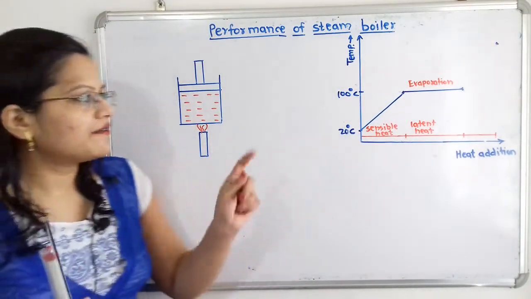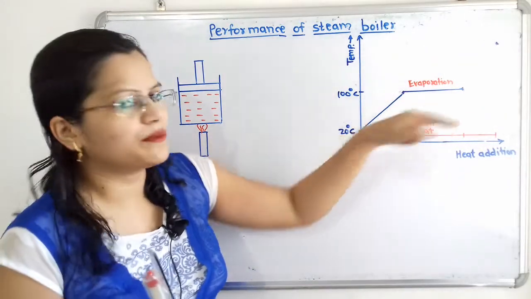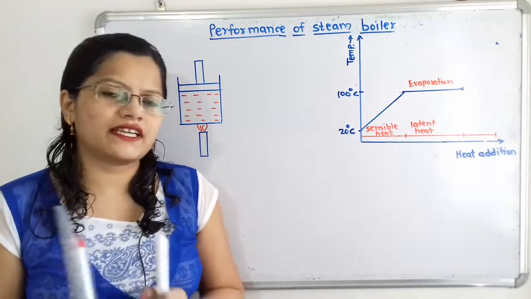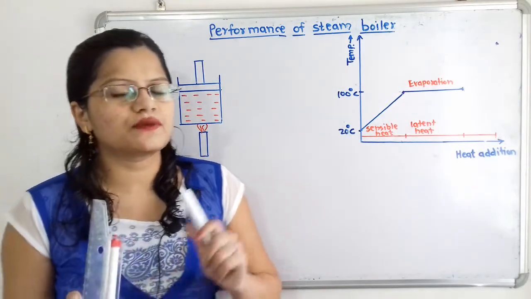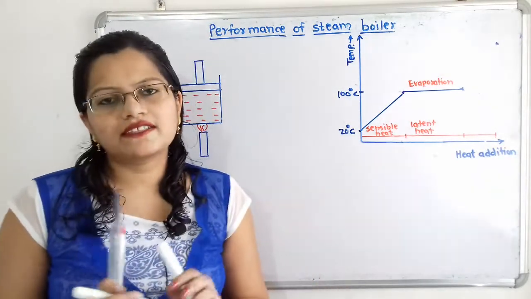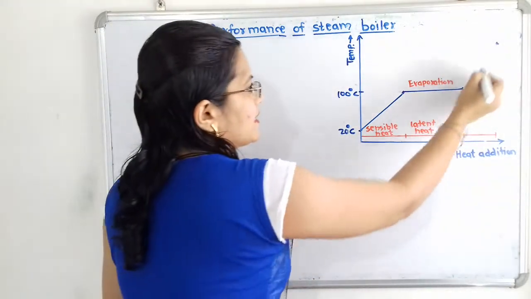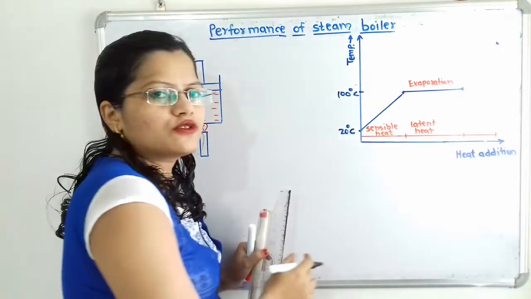Now again if this dry and saturated steam is heated again, then its temperature is getting increased. This steam whose temperature is increased is known as the superheated steam. So here as the heat addition is taking place, temperature will also get increased.